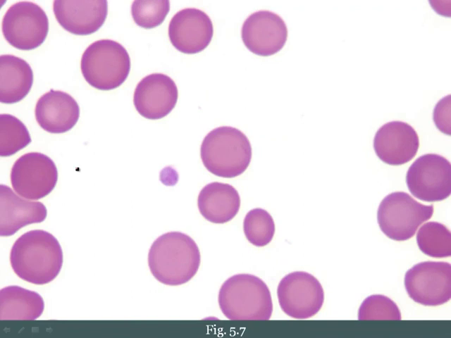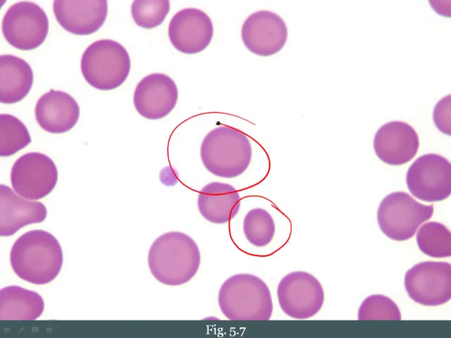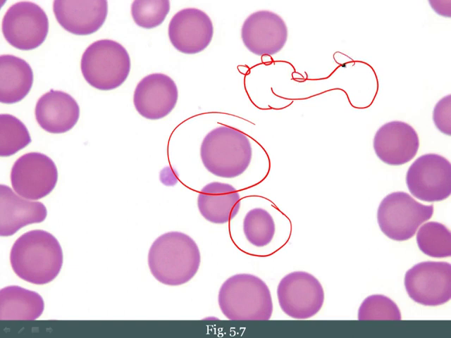Notice that there is a loss of the central pallor, and the loss of central pallor is due to the fact that we no longer have the biconcave shape to the red blood cell. At the same time, notice that there is a range in the size of the cells. Remember I told you that when you have this red blood cell, you lose a little bit of membrane, and then a little bit more, and more and more.